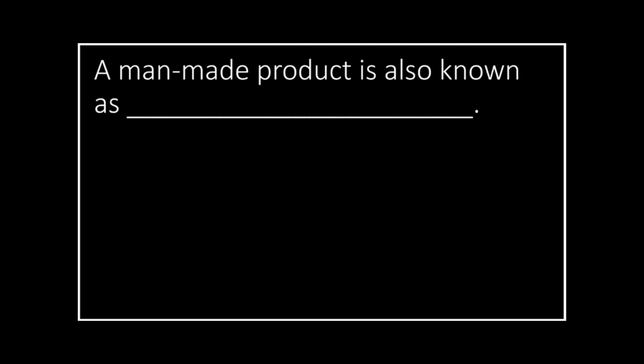Okay, so the first question says, a man-made product is also known as, and this is an interesting word. I'm kind of getting tired of green, so I'm going to pick a different color to use. A man-made product is anthropogenic.